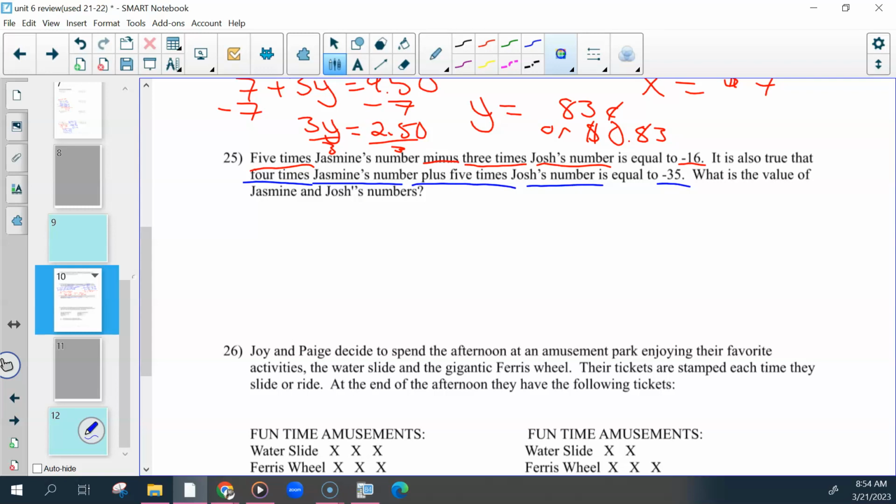So our two variables would be something related to Jasmine and Josh's numbers. I'm going to call that A and J, for Jasmine's number and Josh's number.